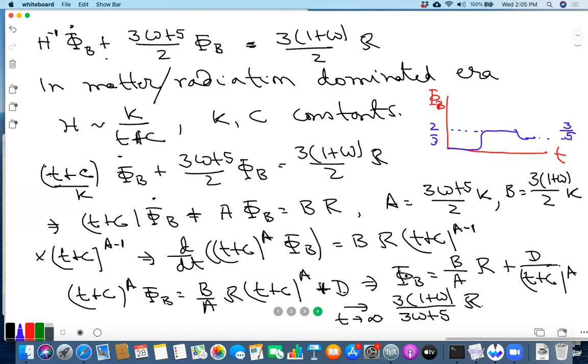But we want to determine phi b at the time of last scattering, because everything we are trying to do is at the time of last scattering. So let me write this formula again.